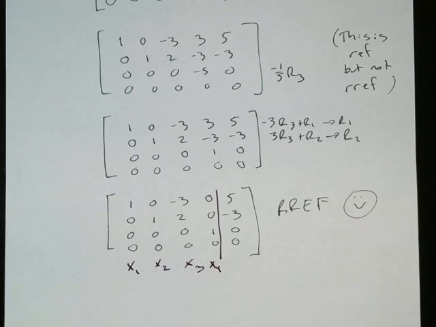I want to divvy these up into two separate categories. The variables that go with my pivots are called basic variables.